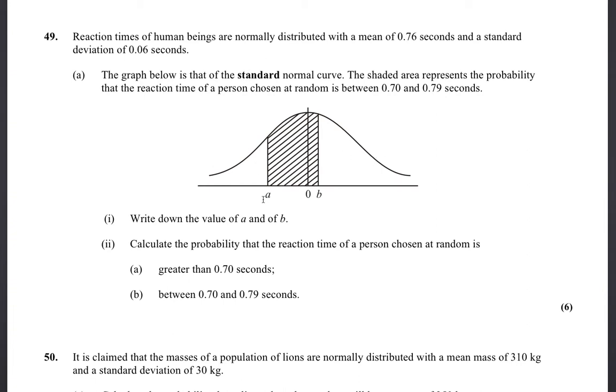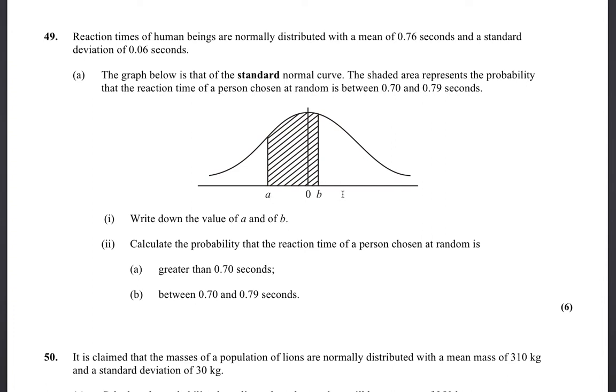Now, A and B. So you may think that A is 0.70 and B is 0.79, which is incorrect. A is nothing but the Z equivalent of 0.70. We know that for a standard normal variable, we use the letter Z. For just a normal variable, we use X. So let us say if this is X1, then this A is the Z equivalent of X1.